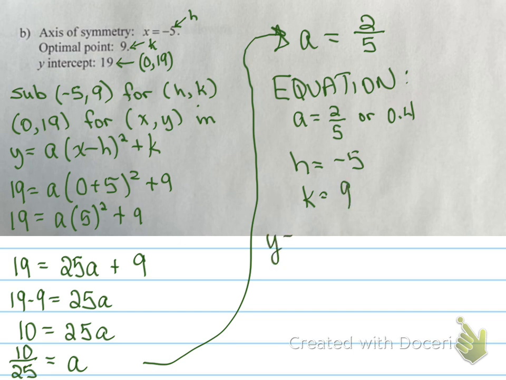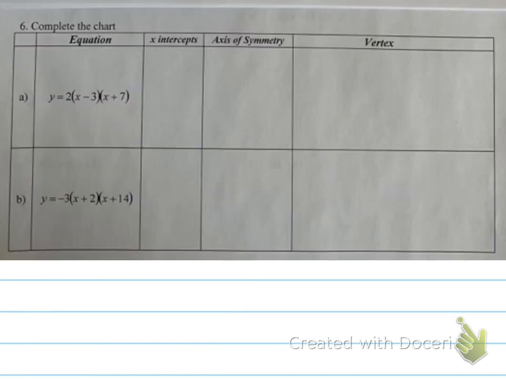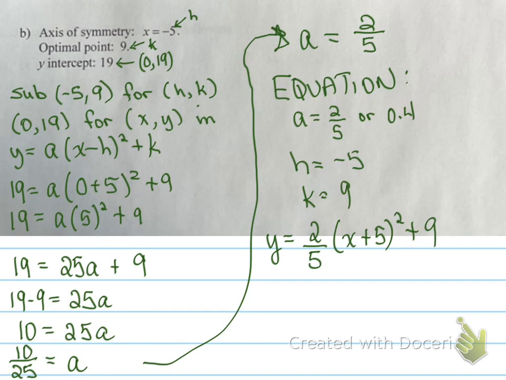So we have y equals a, which is 2 over 5, times x minus negative 5, which is x plus 5, because that's our h, and then plus 9. Or if you decide to use the decimal, you would have y equals 0.4 bracket x plus 5 all squared plus 9.